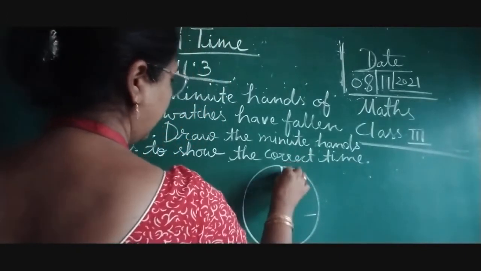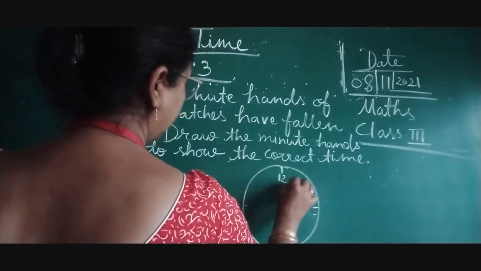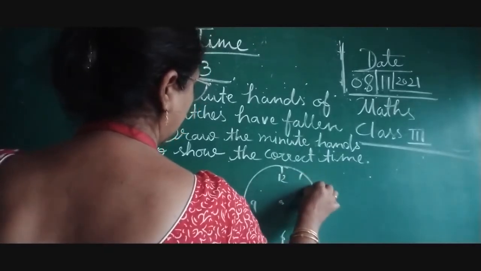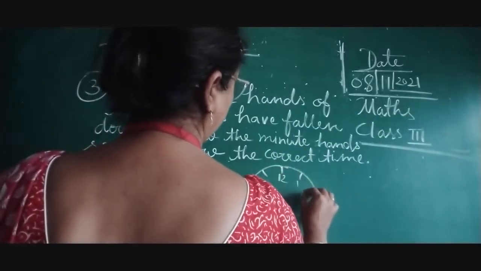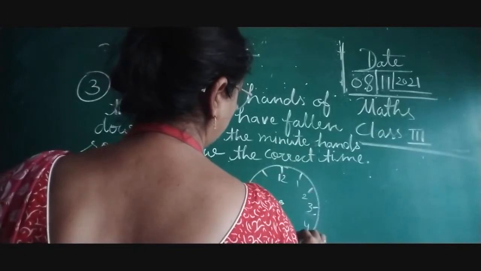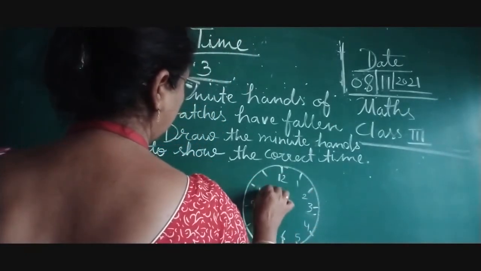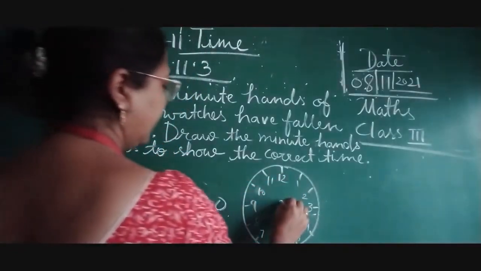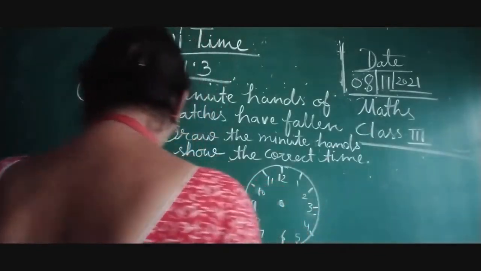So first we will draw the clock to show the time. This is 12, this is 9, this is 3, this is 6. Now we will draw 1, 2, 4, 5, 7, 8, 10 and 11. Now here children, you can see the minute hand has fallen off.